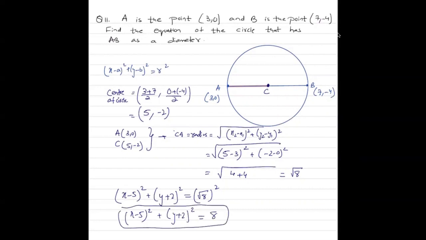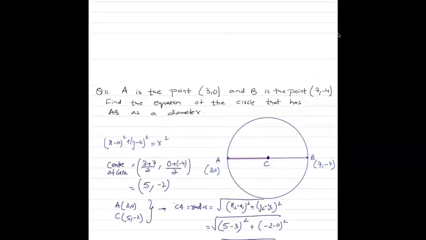So why not square root 8? Because we have to square it, no? The equation is equal to r squared. So if the radius is square root of 8, you're going to square it and then write it. It will cancel out with the square root and the power of 2. Do you understand this now?